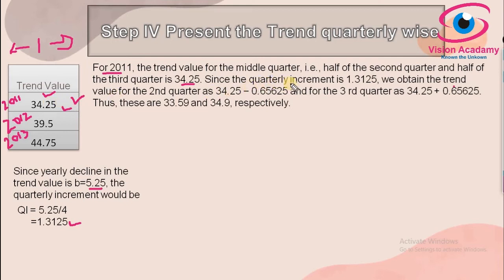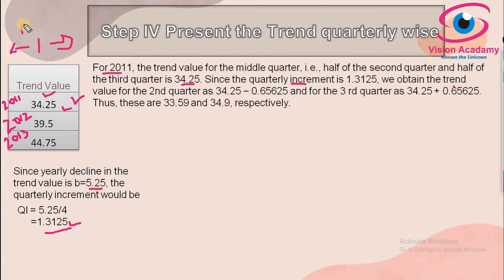Since the quarterly increment is 1.3125, we can obtain the trend value for the second quarter. How do we obtain it? Imagine this is the mid value.